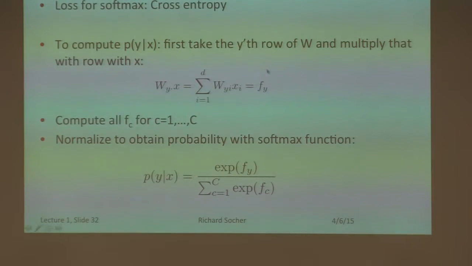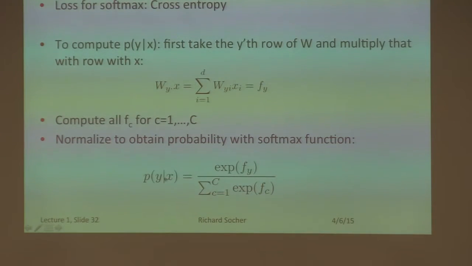All right, so in terms of notation, we can define the sum of all these terms here, the y-th row, with our word vector x as just f sub y. And now we'll basically compute f sub c for all the other classes. And this is basically how we define the softmax function.